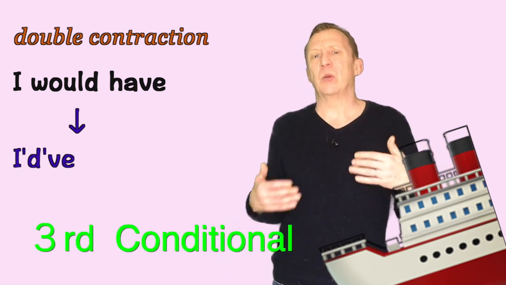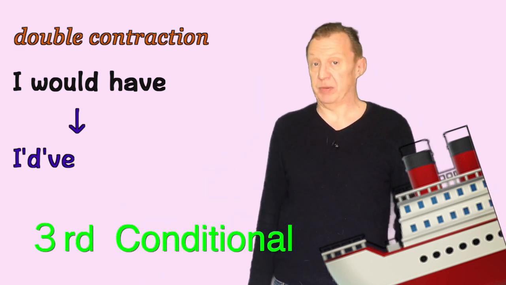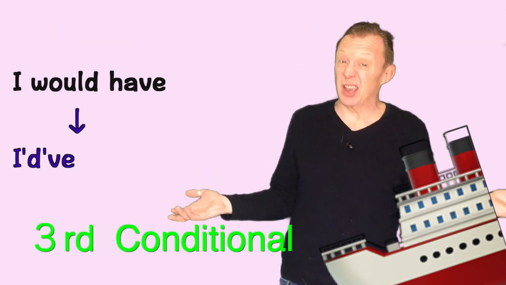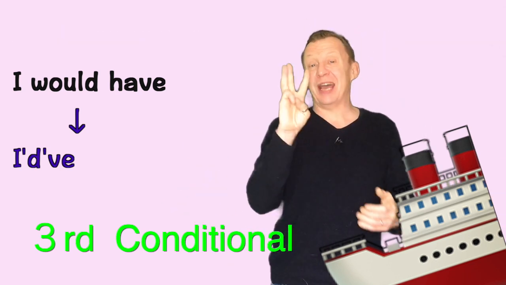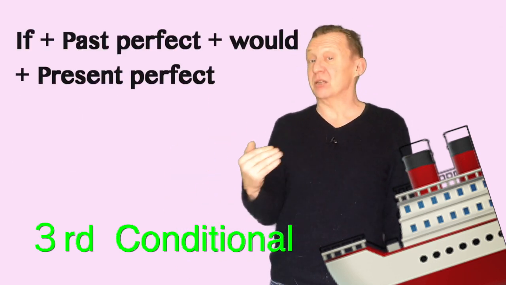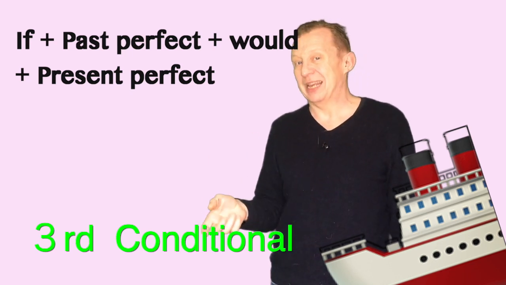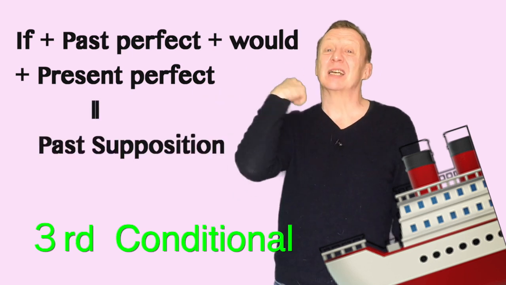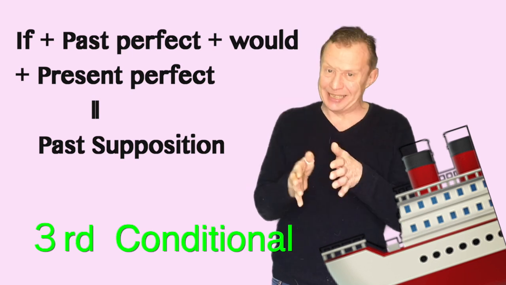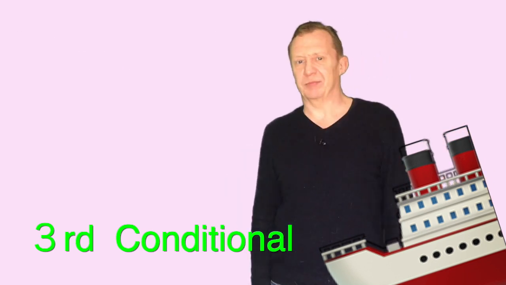And I would have put my wife into a lifeboat, but I'd have gone to the bar. Being English. Right, okay, now that is the third conditional. If plus past perfect plus would plus present perfect equals a past supposition. Something that happened or didn't happen. Cool? That's a short one.